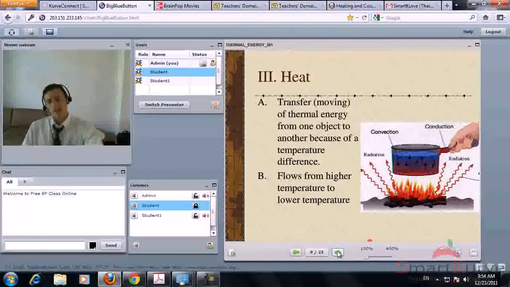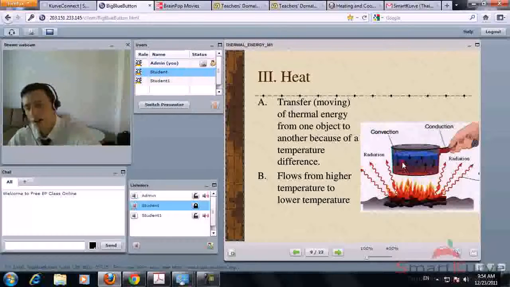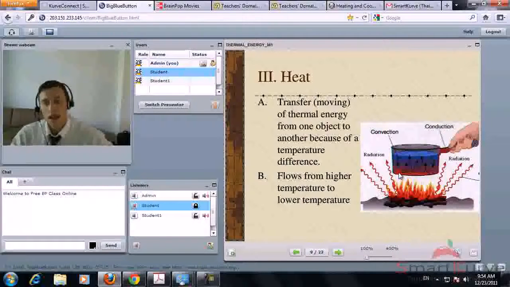You'll notice the arrows go around and around and around here. So the molecules go up, and I will highlight that. Down here at the bottom of the pot, the molecules start to move very quickly. That very hot water, the molecules are farther apart, so it's lighter. It rises to the top, it becomes cool, and it falls back down again. So we have this constant cycle that we call a convection current.